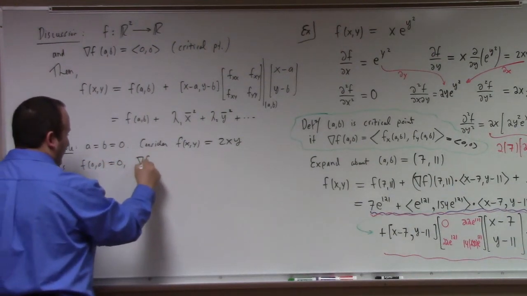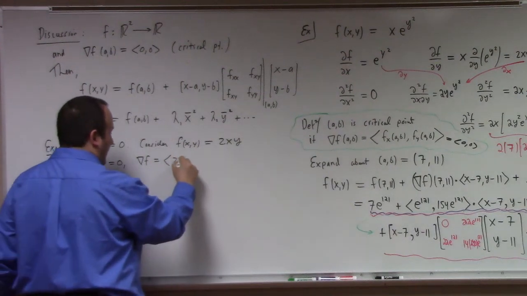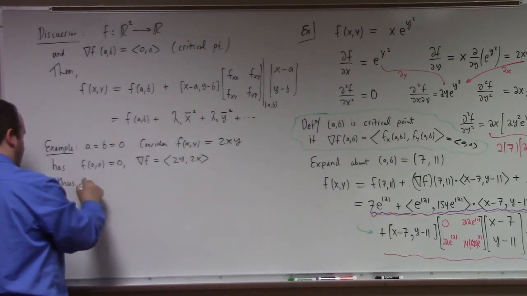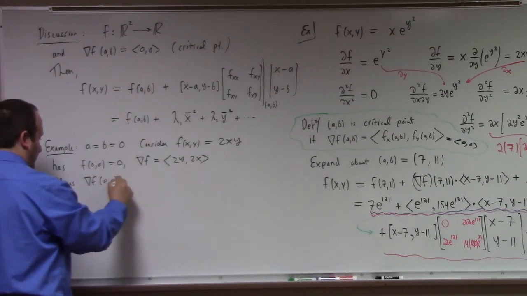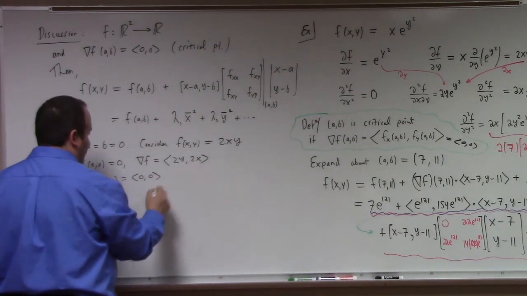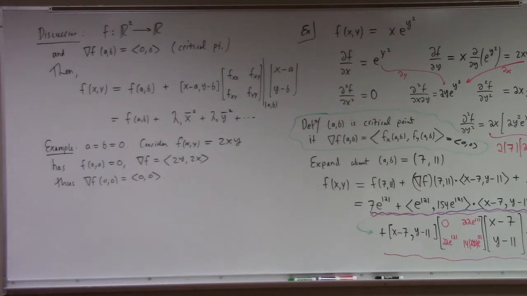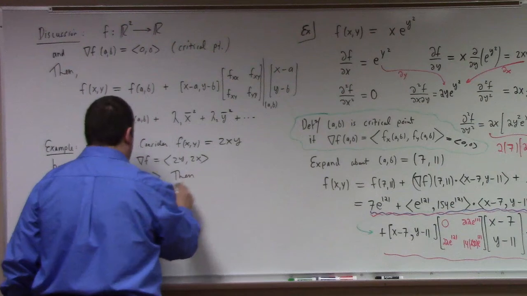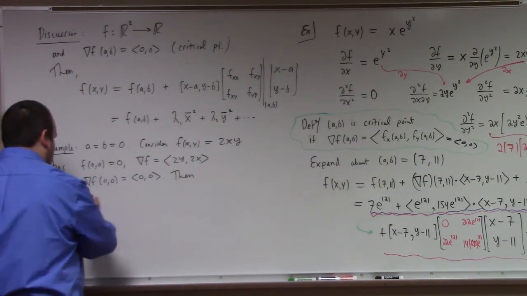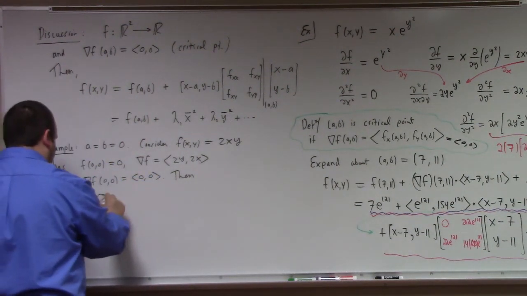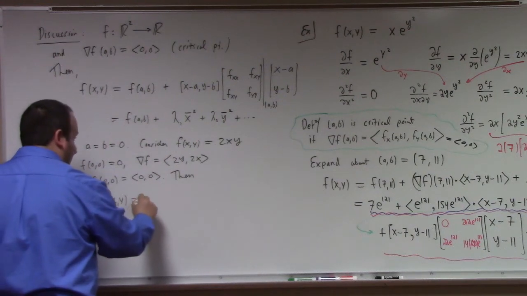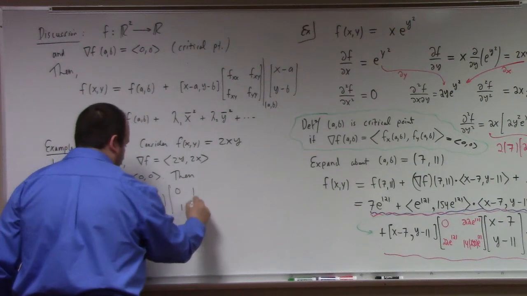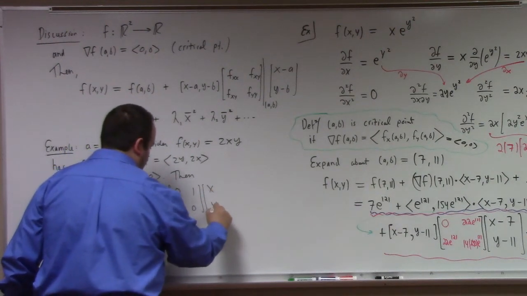It has the gradient of f being (2y, 2x), thus the gradient of f at 0, 0 is 0. So 0 is a critical point. And so what's q? Q of xy would be equal to (x, y) times the matrix 0, 1, 1, 0, times (x, y).